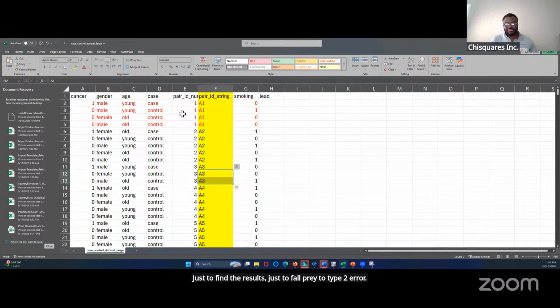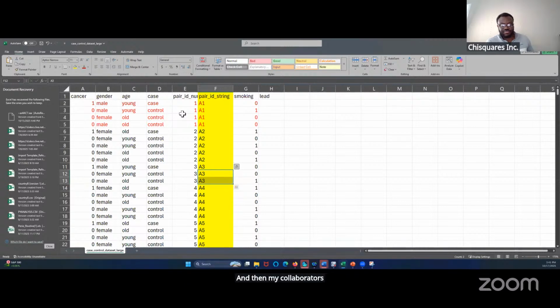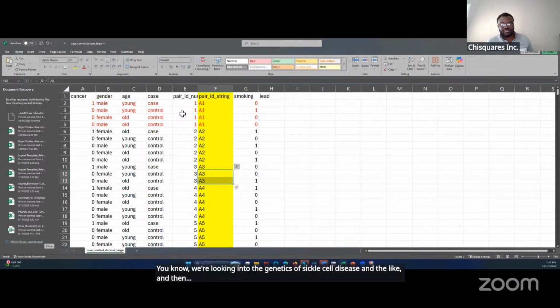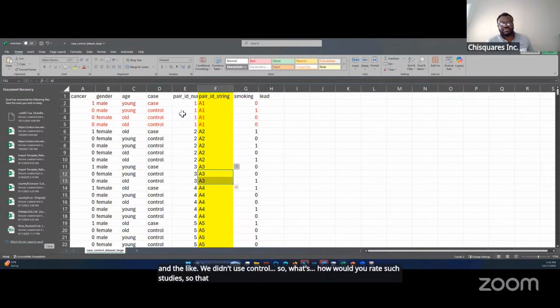We did some studies, but maybe because they were genetic studies, my collaborators felt that we didn't need controls. We're looking into the genetics of sickle cell disease and some comorbidities, and we didn't use controls.